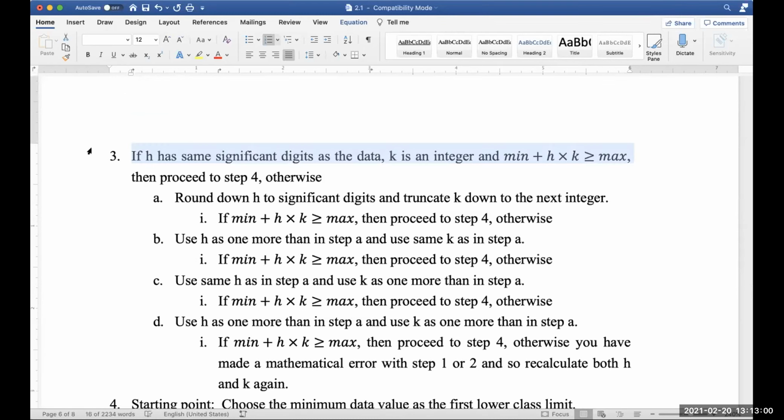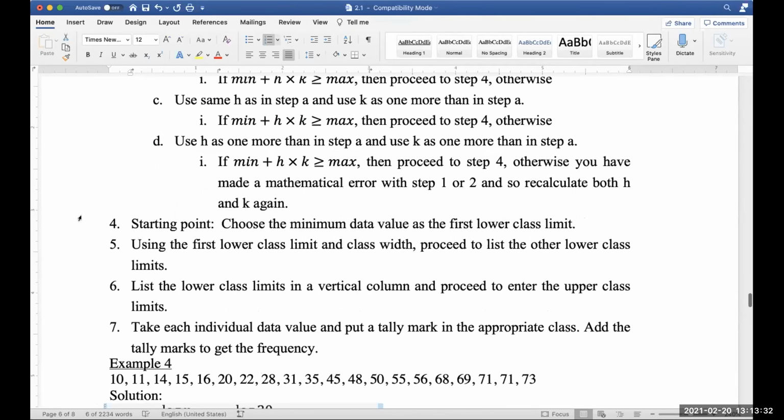Now, if K is an integer, or well, actually a whole number, and if h has the same significant digits as the data, and if the minimum value of your data plus h times k is greater than or equal to the maximum, then you proceed to the end.